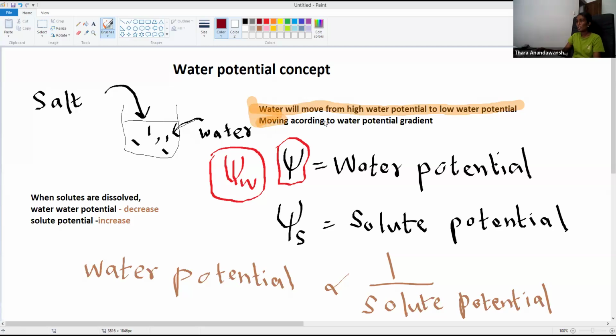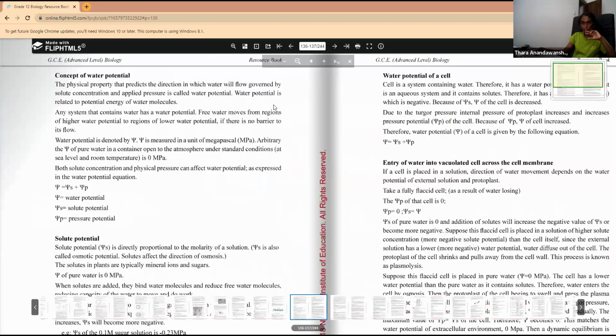Next, water is moving according to water potential gradient. Right? Okay, teacher.